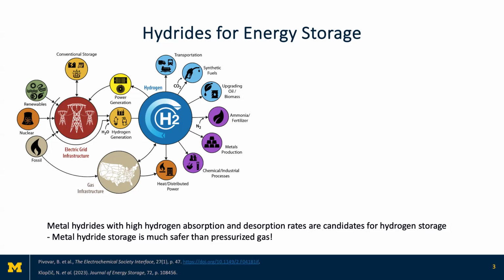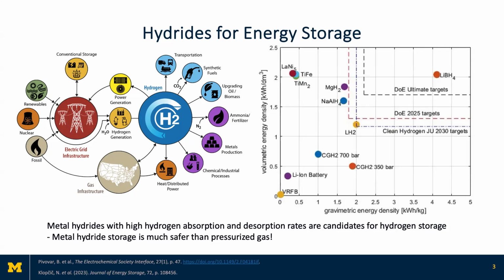But one of the ways in which people have considered hydrogen storage is through these metal hydrides. And the reason for that is that they have a very high gravimetric and volumetric energy density relative to storing hydrogen in a canister, which has much lower density and is also significantly less safe. So metal hydrides have always been studied in this space.